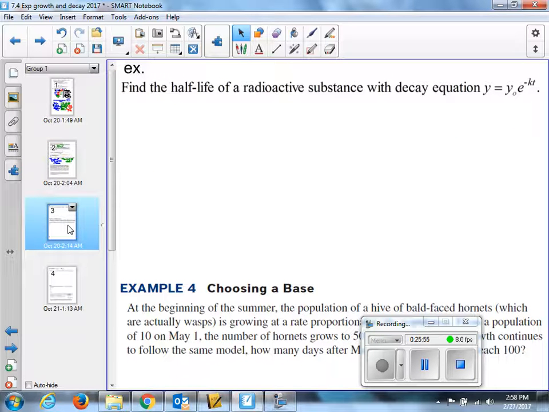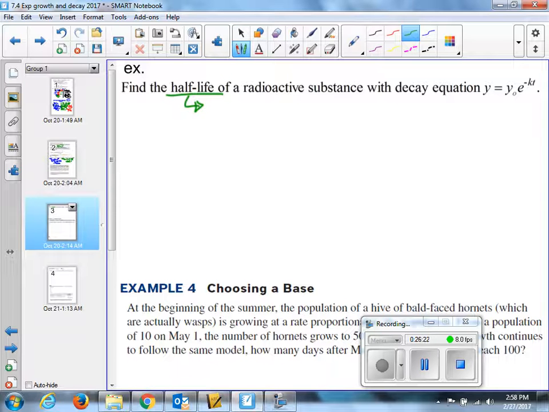Now, find the half-life of a radioactive substance with a decay equation given as y equals y0 e to the negative kt in this case, because it's shrinking over time. And half-life is when y is equal to half the original amount. That's what you need to know out of this.